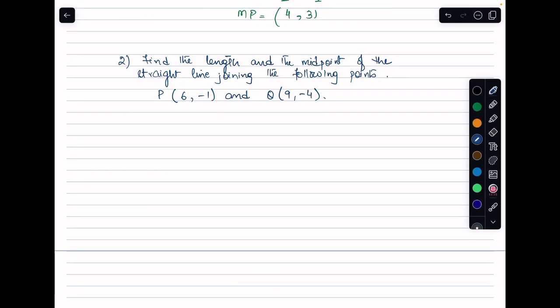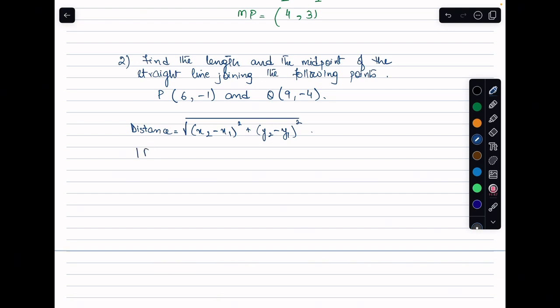So let's do another example. Find the length and the midpoint of the straight line joining the following points P (6, -1) and Q (9, -4). So again, we know that the distance formula is equal to under root (x2 minus x1) the whole square plus (y2 minus y1) the whole square.